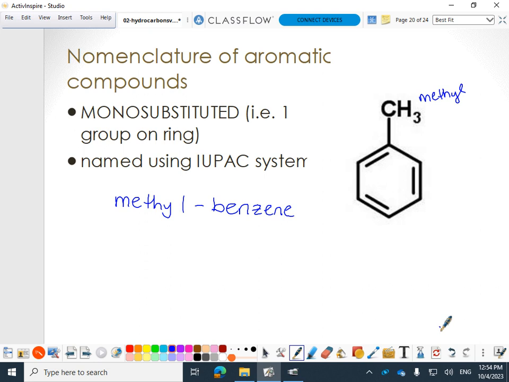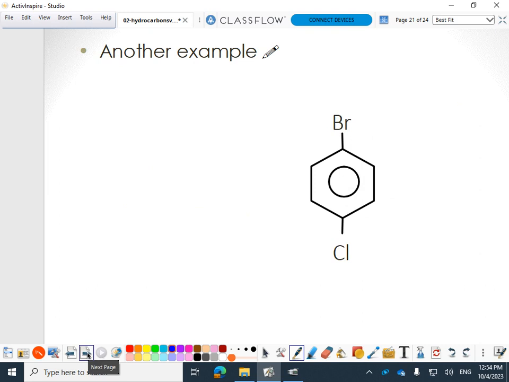If you have 2 groups substituted, this bromine could be on number 1, the chlorine could be on number 1, doesn't matter. Which makes your life a little bit easier.